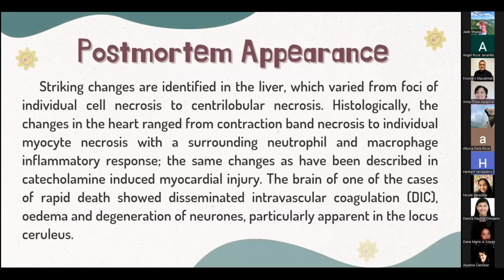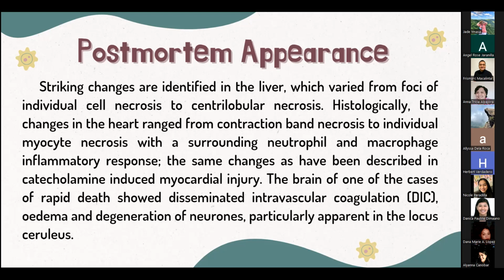So, what is the post-mortem appearance if you died of ecstasy overdose? Striking changes are identified in the liver, which vary from foci of individual cell necrosis to centrilobular necrosis. Histologically, the changes in the heart range from contraction band necrosis to individual myocyte necrosis with the surrounding neutrophil and macrophage inflammatory responses.